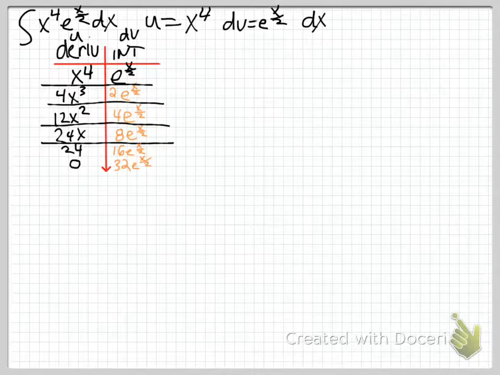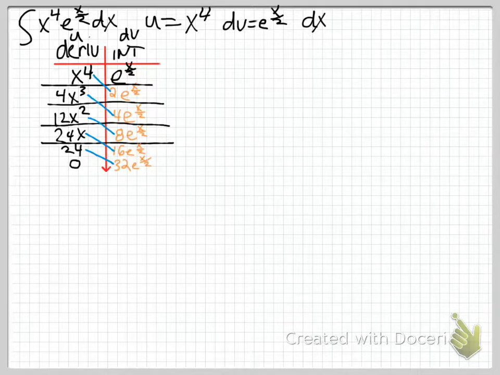Let's pick a different color here. We'll pick blue, and you're going to be multiplying these two entries together. You're going to multiply these two entries together, so on and so forth. And then finally we have one more right here.